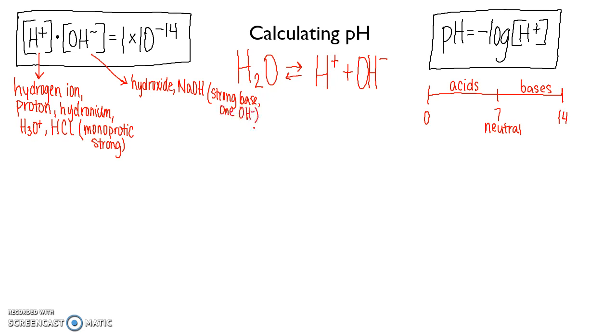So it can't be something that has two hydroxides in it. But that one's a little bit easier. So just so you know, any of those things would be able to use this equation. Same thing for the other one. All of these things we just talked about can also be used in this second equation that we'll be talking about here.